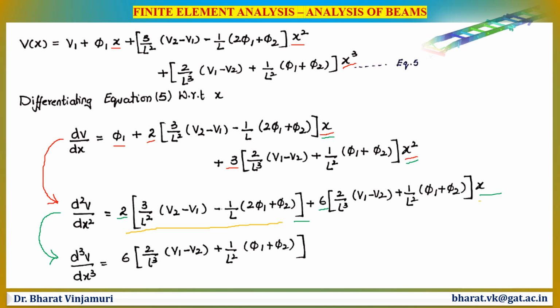And since it has an x term, we will get this value directly here. This will be the value of d cube v by dx cube. We'll be using these values to find the forces in the structure. So dv by dx and d square v by dx square will be used to find the bending moment, and d cube v by dx cube will be used to find the shear forces.